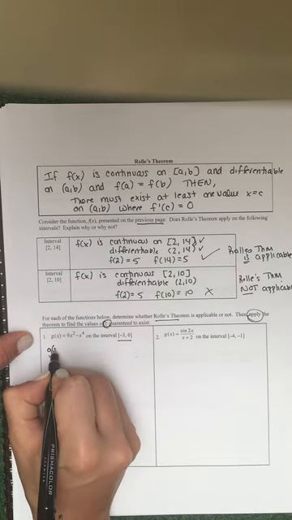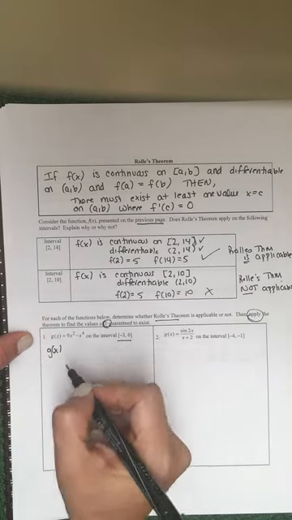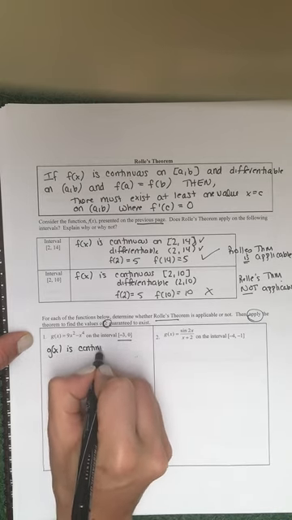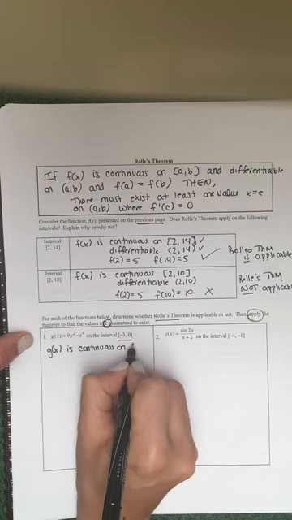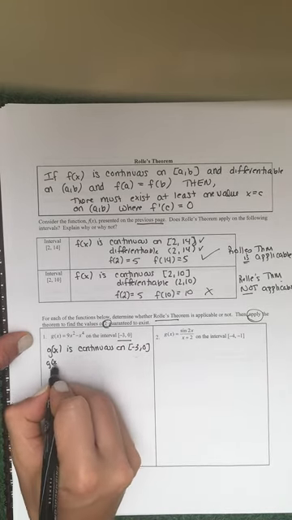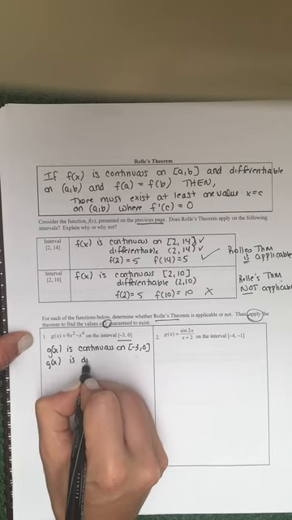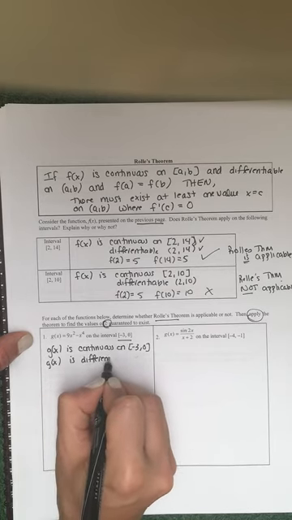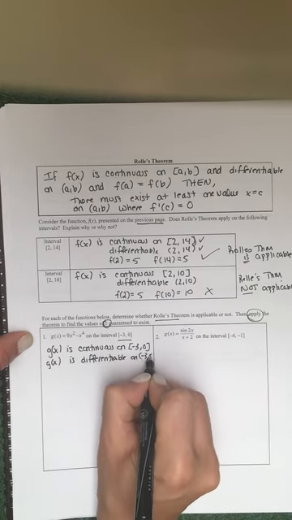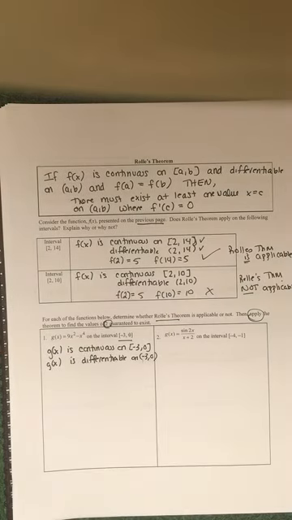So g of x, it's a polynomial function, so it's definitely going to be continuous on -3, 0. And it's definitely differentiable on the open interval, -3, 0.